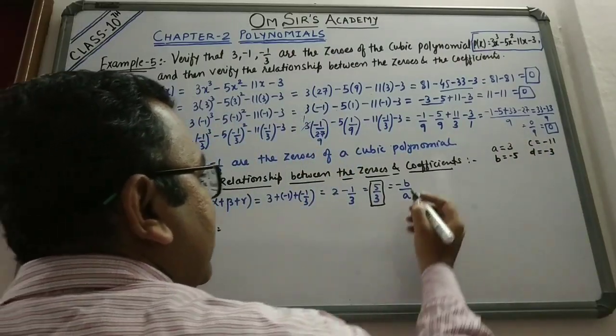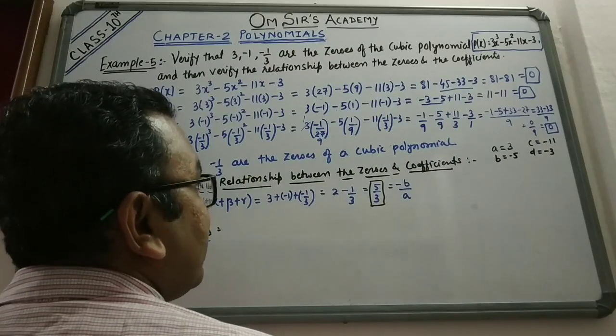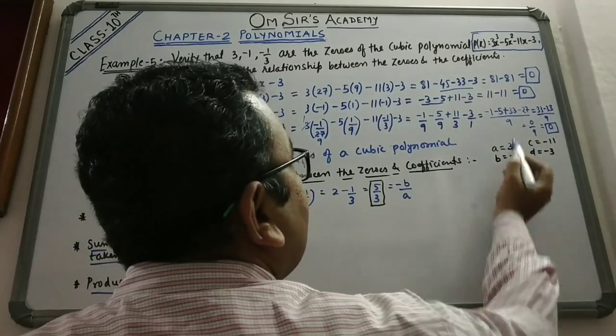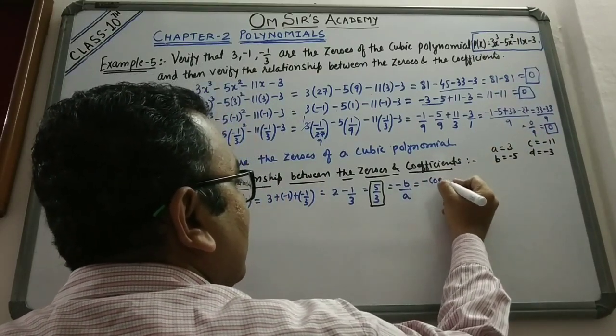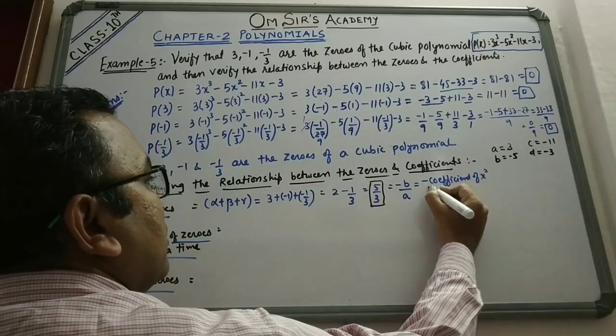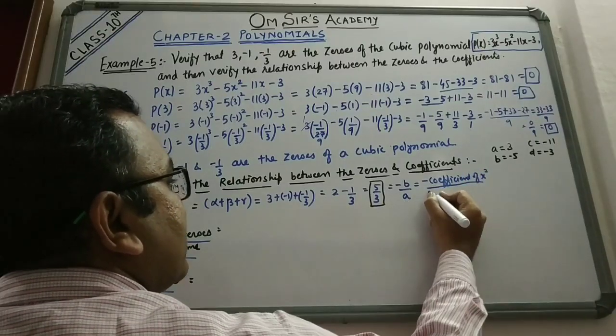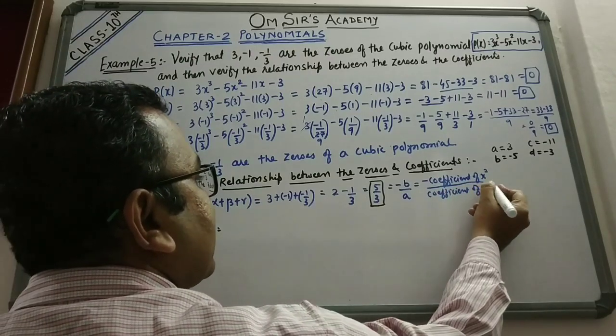Okay, so here what it is equal to, B is what? Here B is the coefficient of x square. So I write this as minus coefficient of x square upon A, which is the coefficient of x cube.